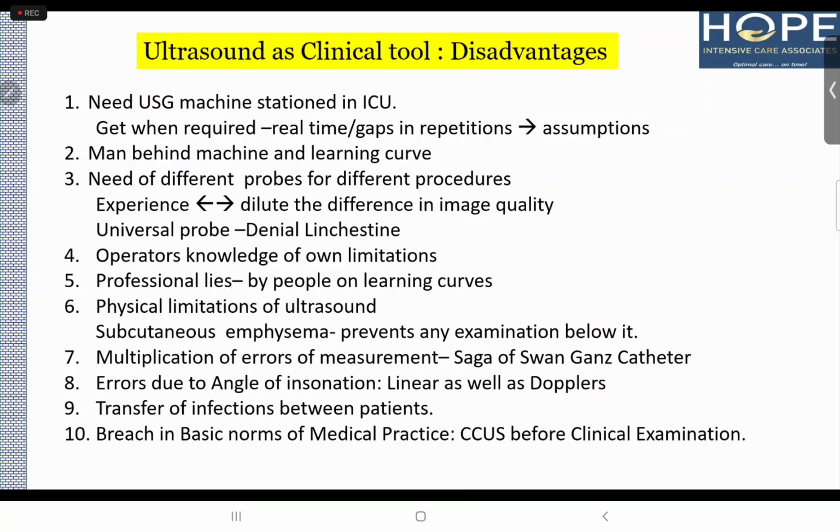Don't forget to open a patient's study, name it, and then proceed methodically. Otherwise, many people have started, I would use the word abusing, the availability of ultrasound: put it, conclude, don't document, don't store the images, and move on.